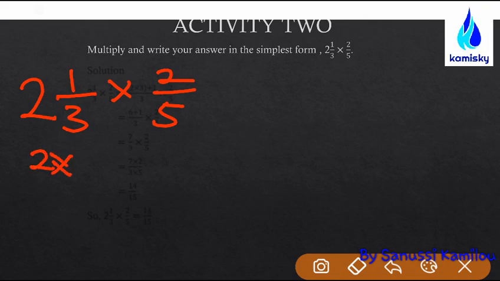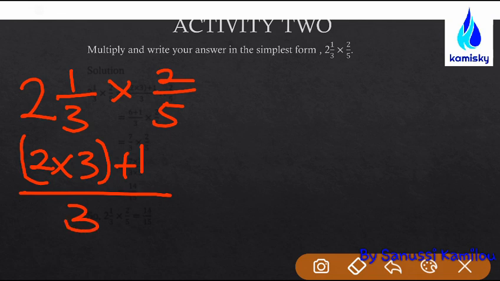2 times the denominator. Our denominator is 3. And then we add to the numerator, which is what? 1. Okay. So all over the 3, the denominator. So multiplied by 2 out of 5.